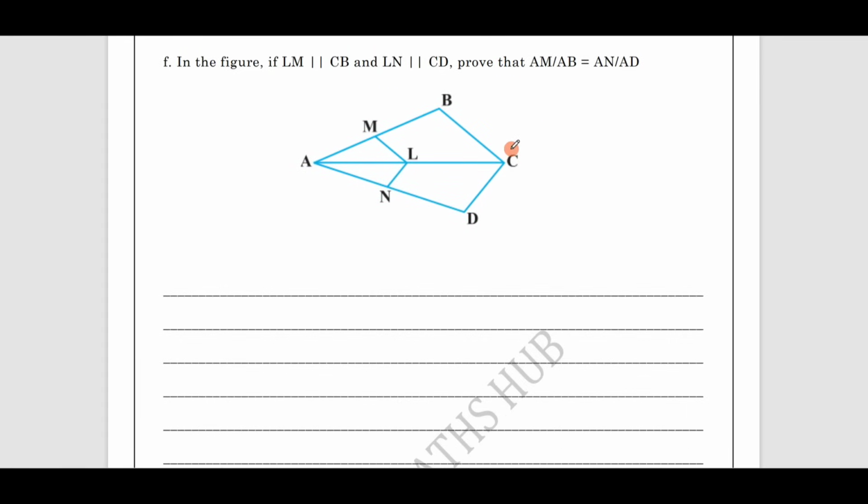Next question. In the figure, LM is parallel to CB. There you should split this quadrilateral into two triangles, ABC and ADC.